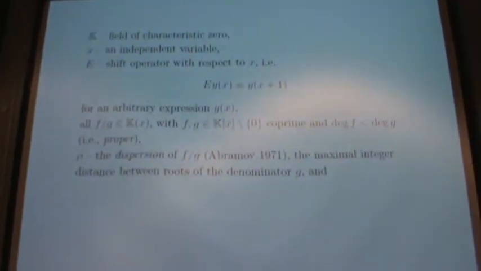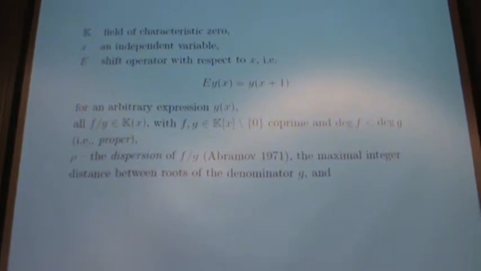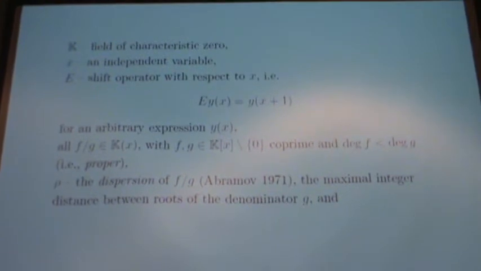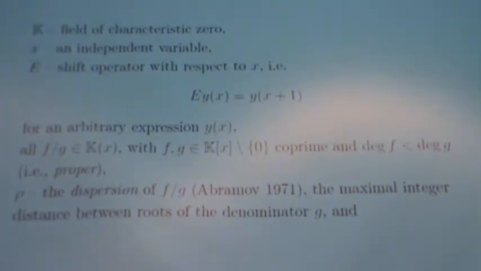The important notion relevant for indefinite summation is the dispersion of a rational function, introduced by Sergei Abramov in 1971, 40 years ago. It is the maximal integer distance between roots of the denominator.